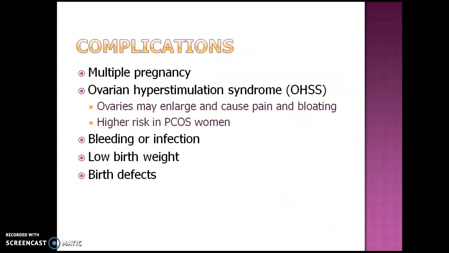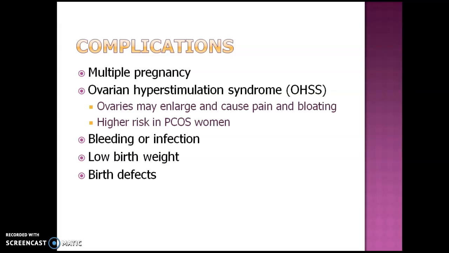Complications with ART we'll discuss in detail in the next video, but just to have a summary, we could have an idea. Complications with ART are that it may end up in multiple pregnancy. It can cause ovarian hyperstimulation syndrome: since we are stimulating the ovary, sometimes it may get overstimulated, leading to a syndrome with many symptoms.